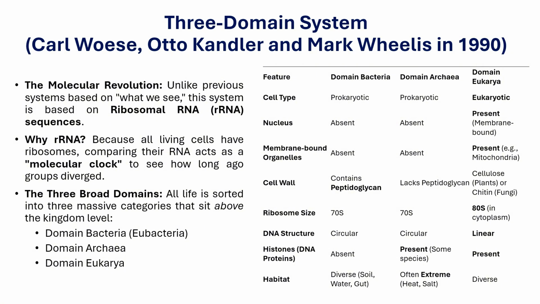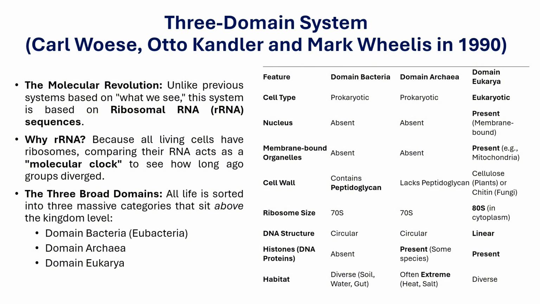By looking at this table and memorizing it, you can easily differentiate and categorize these three domain systems. If you memorize this table, it will be very easy for you to ace your exams.